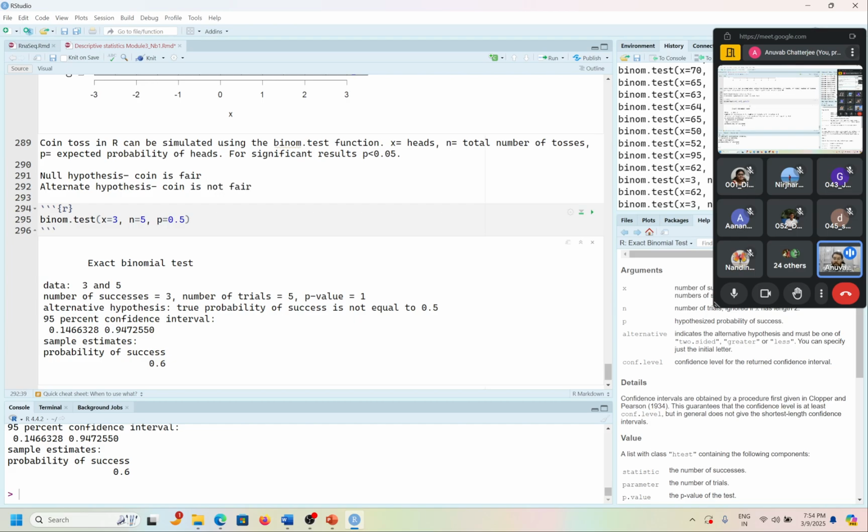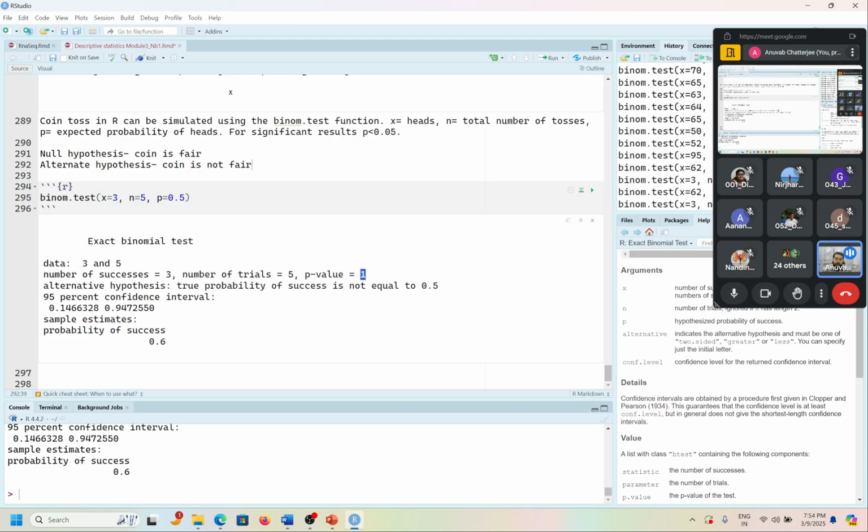So in this test we saw that the p value was not significant, so we are not able to reject the null hypothesis, so we are saying that the coin is fair, even though we know it is not fair because the probability of success is 0.6, but we are not able to prove otherwise. So how is this different from when we were doing a larger number of tosses?